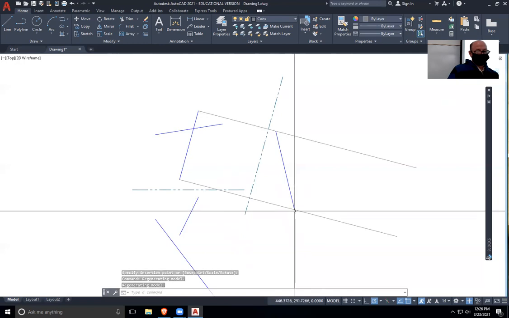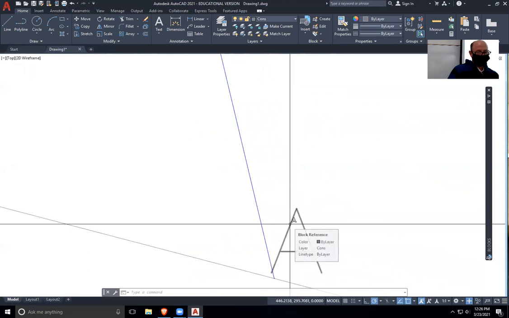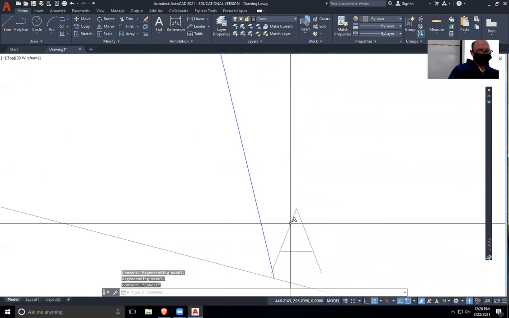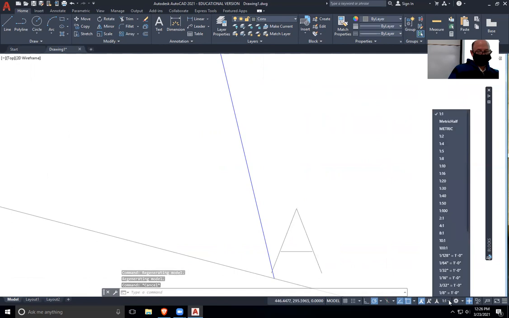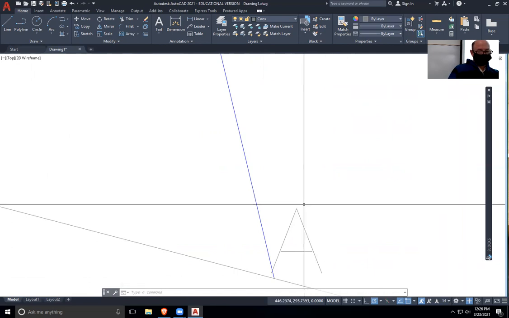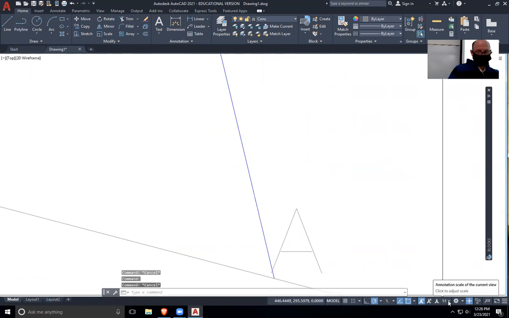I think I might need to scale it because it's super tiny. I don't know if it's annotated. I don't think it is. It's just text though, it might be.